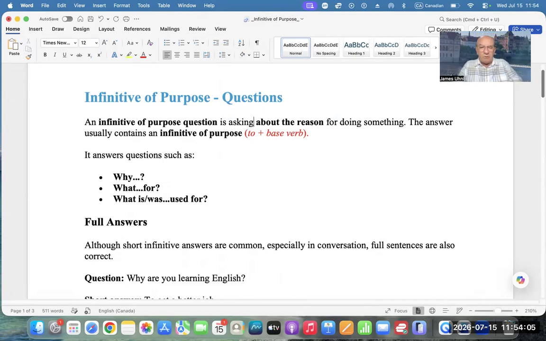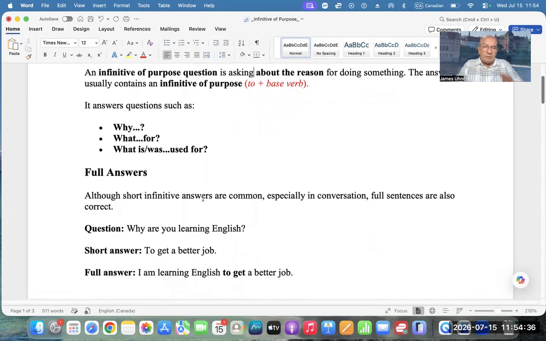The answer usually contains an infinitive of purpose. It answers questions such as why, what for, and what is it used for.